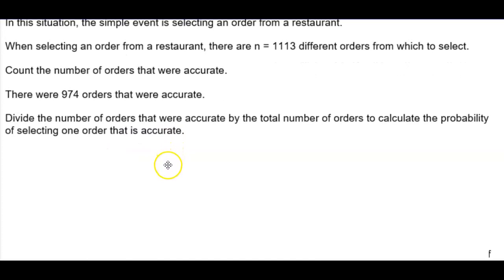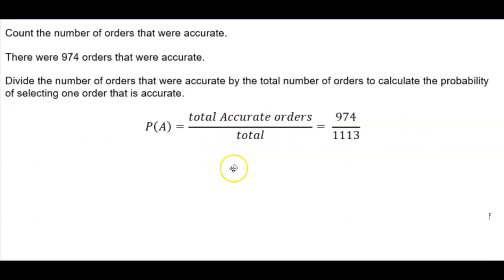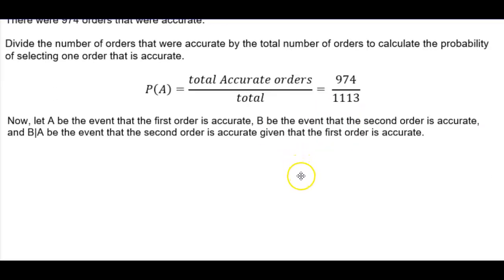Now you're going to divide the number of orders that were accurate by the total number of orders to calculate the probability of selecting one order that is accurate. So probability of A is equal to the total accurate orders divided by the total, which is equal to 974 over 1,113.